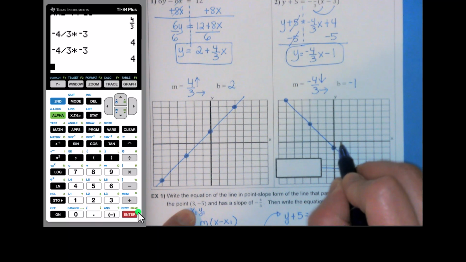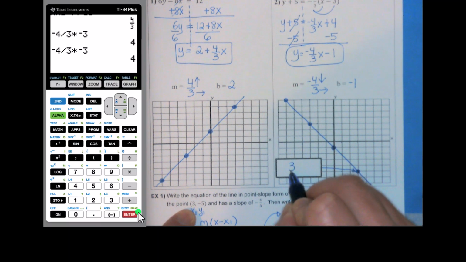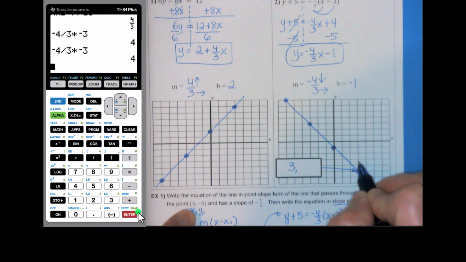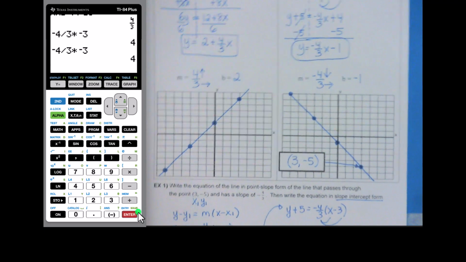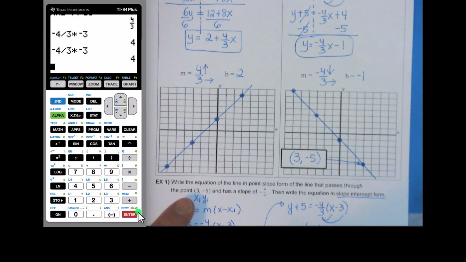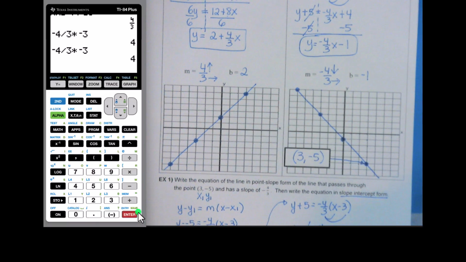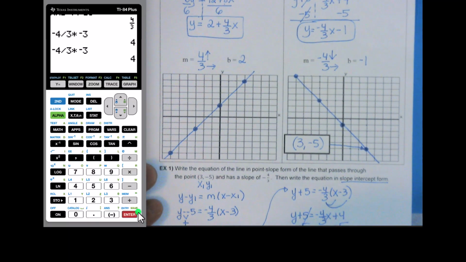But notice 1, 2, 3, 3, and 1, 2, 3, 4, 5, -5. So in other words, the point slope form allows me to find the equation of a line through a point if I have the slope. Okay, so let's look at another example here.